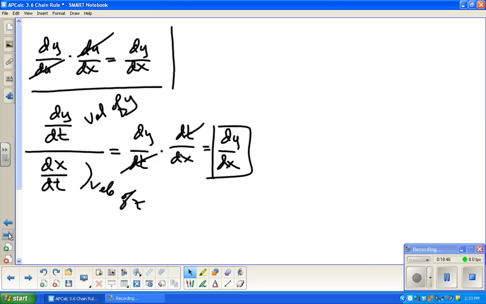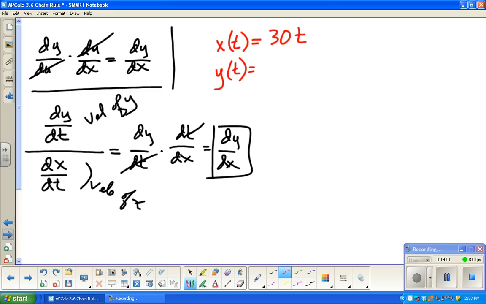Okay, this is based on the idea that we would have a function x of t and a function y of t separately. So let's say I had something like 30t for x, and let's say I have negative 16t squared for y. Now here's the idea. This is like physics. This is a horizontal equation.